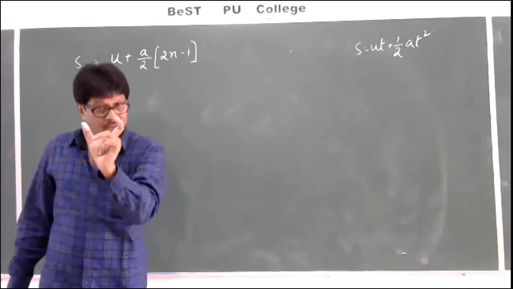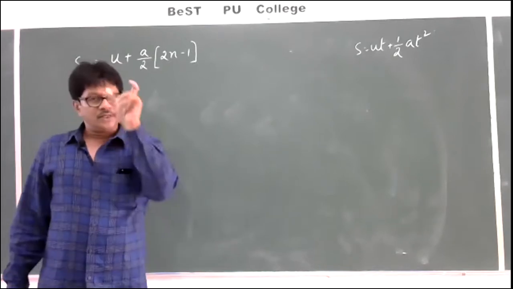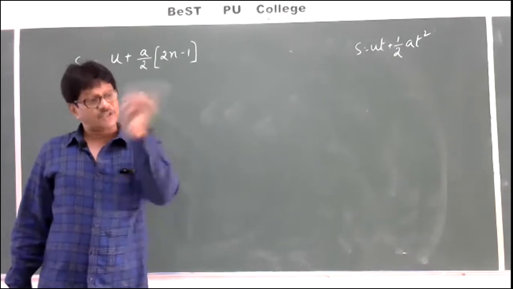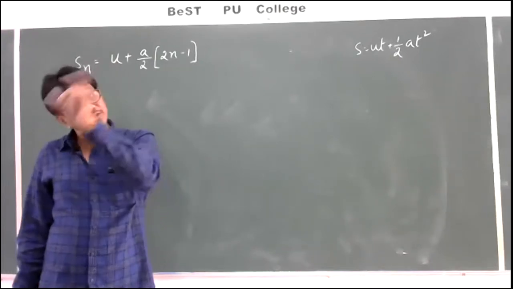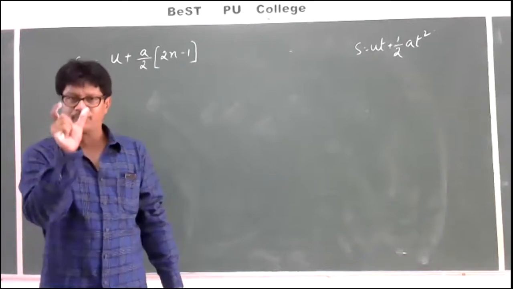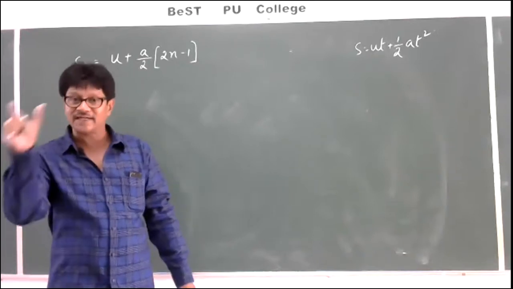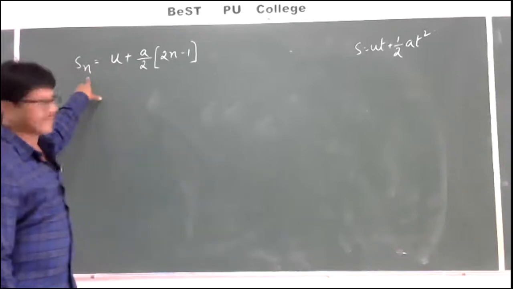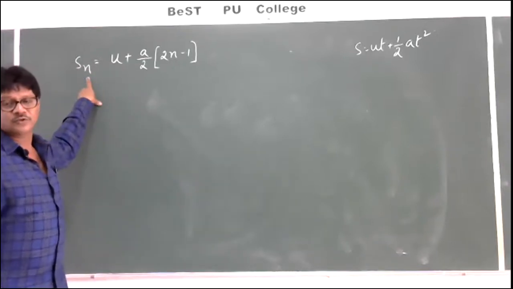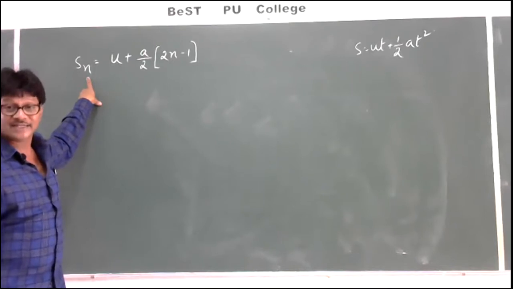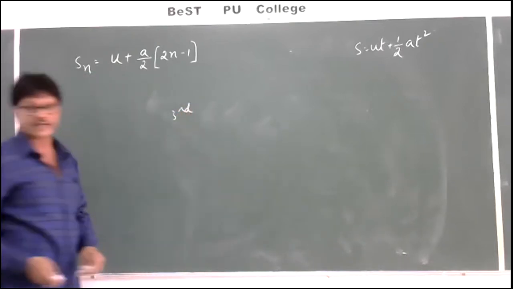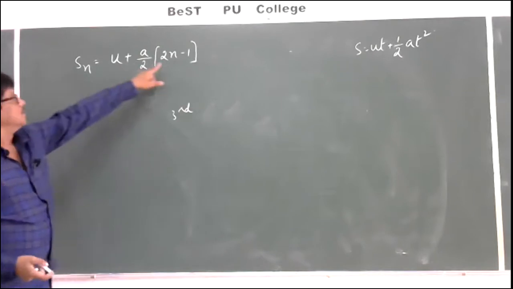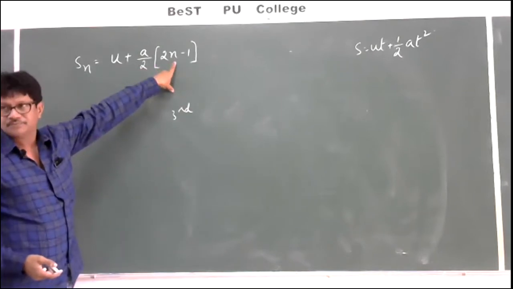A particular time is nothing but the distance traveled either in the first second or second second or third second, like that, particular time, fourth second, nth second, Sn. If you ask us to find the distance traveled in the third second, then instead of n we have to go with 3.